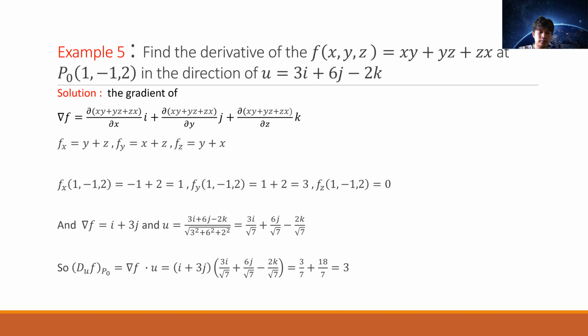The gradient vector is equal to the partial derivative of f with respect to x i plus the partial derivative of f with respect to y j plus the partial derivative of f with respect to z k.